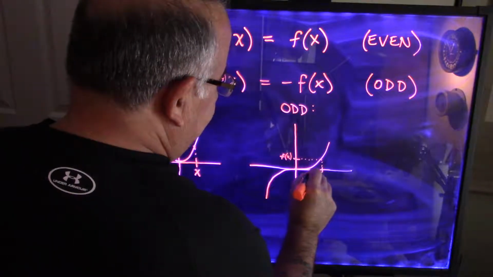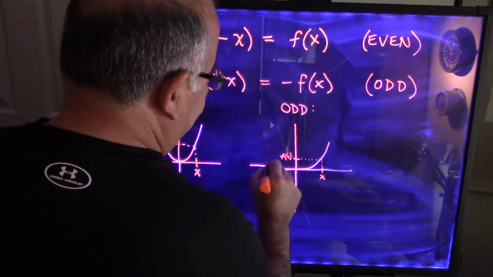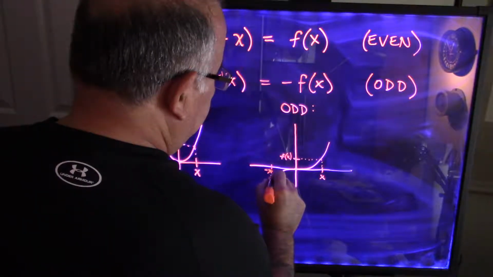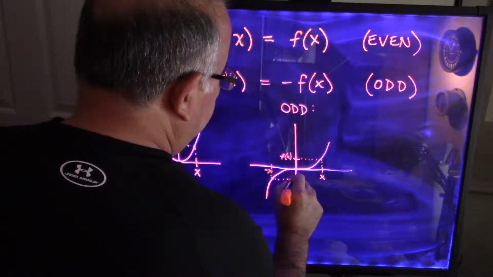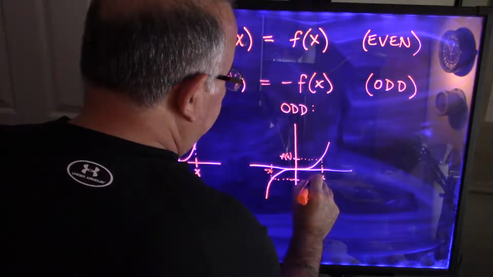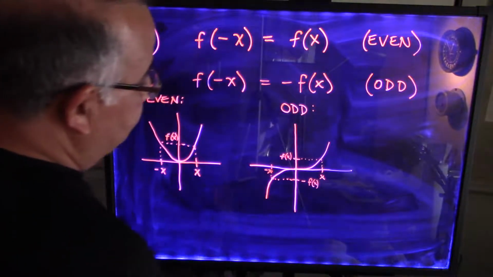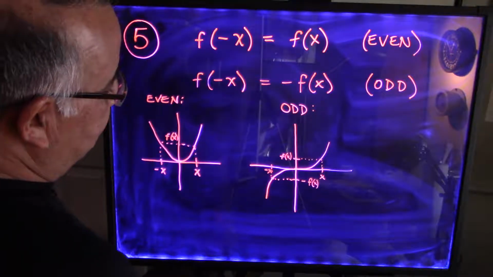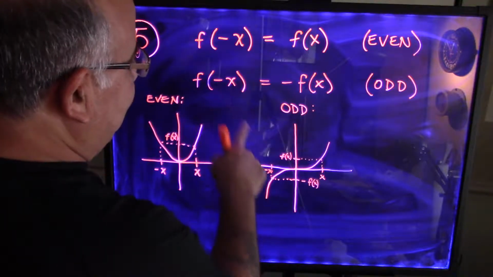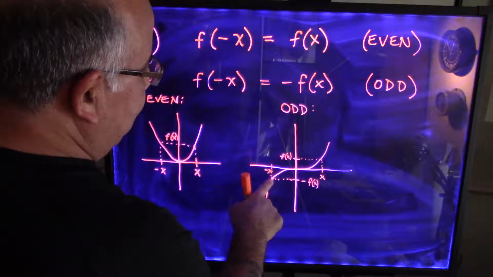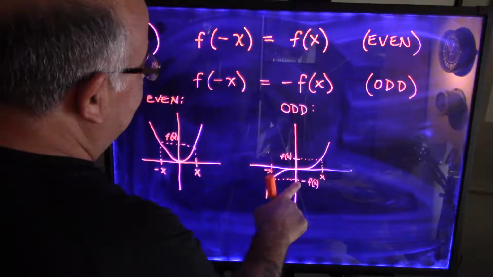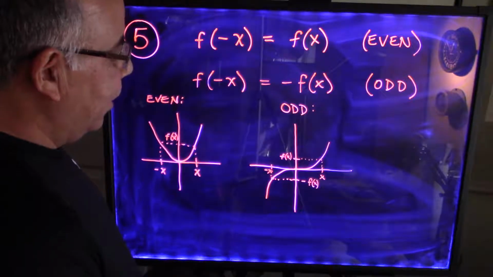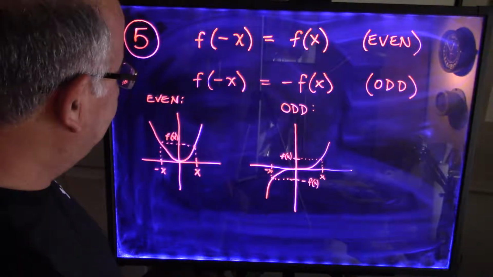If that's x, right here is about negative x. And that's negative f of x. If that's f of x, that's negative f of x. So if that were 2, that would be negative 2. So f of negative x, right there, is equal to the negative of f of x. So that's an example of an odd function, like y equals x cubed.